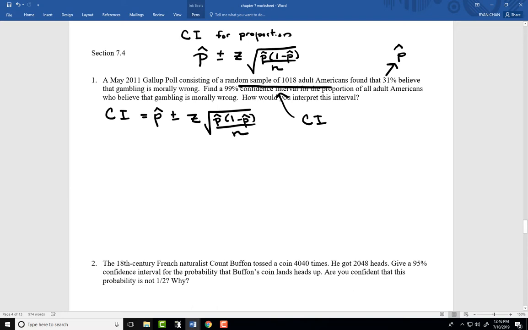I'm going to write everything out. I'll do the p hat (1 minus p hat) over n first.